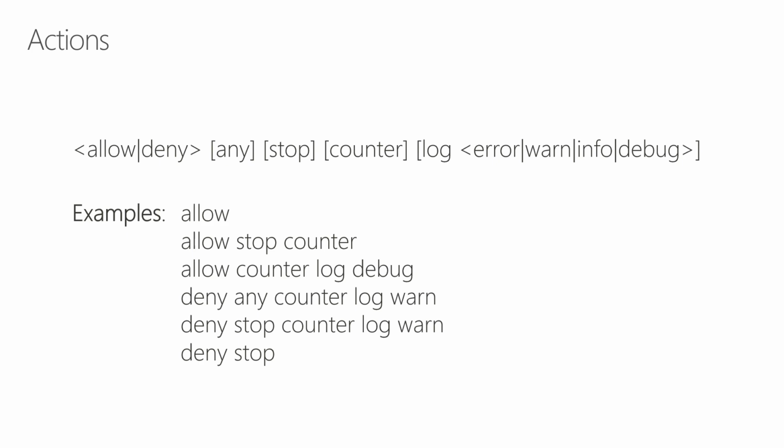Counter. You can add a counter to your actions. The idea of a counter is that you can see how many times that rule was hit or missed, meaning how many times the rule was evaluated positively and how many times it was evaluated negatively. That could be dropped into the Prometheus exporter, and you can have those counters in Prometheus.